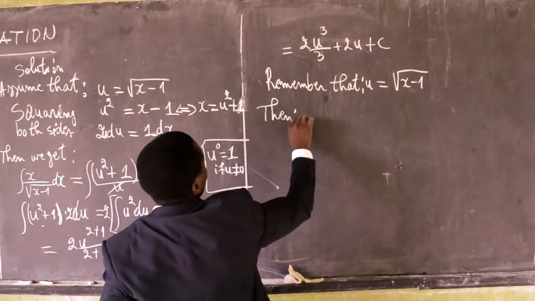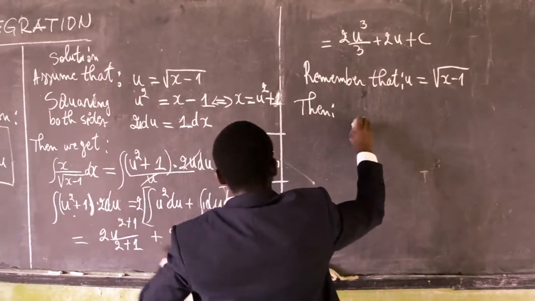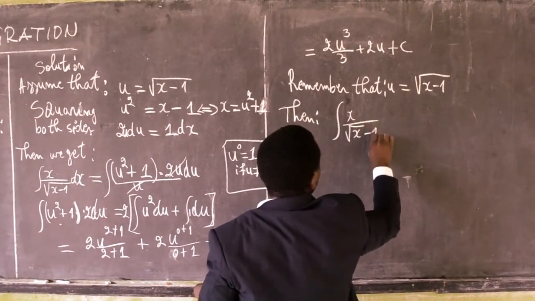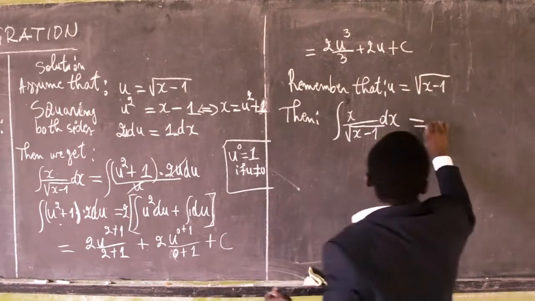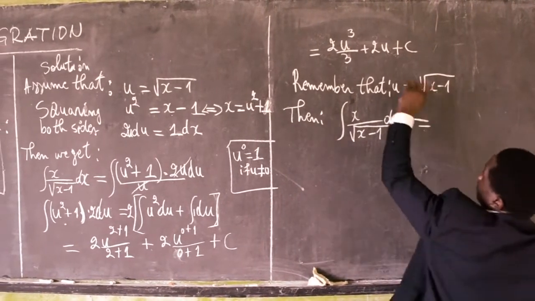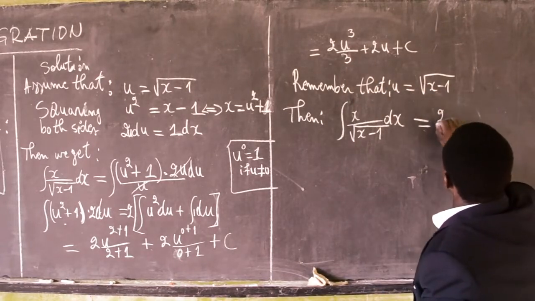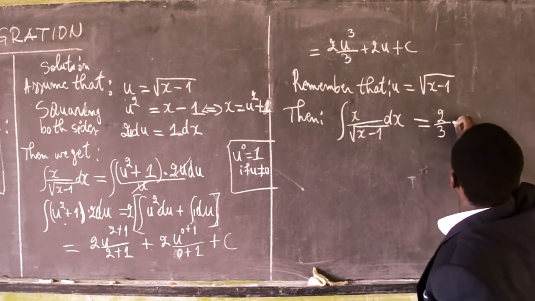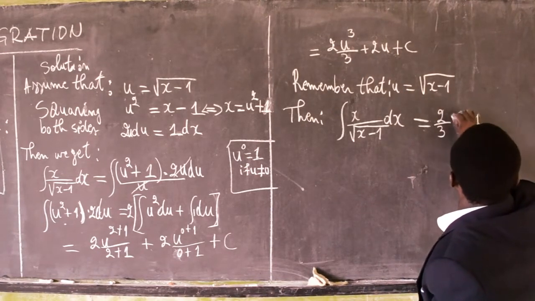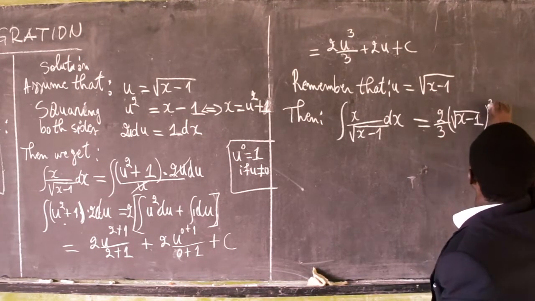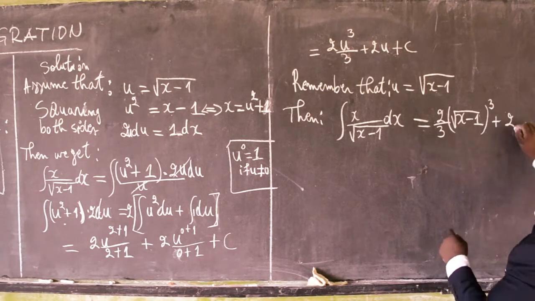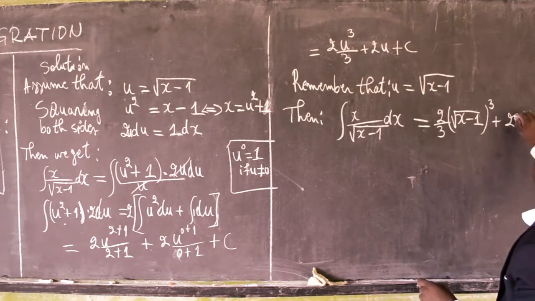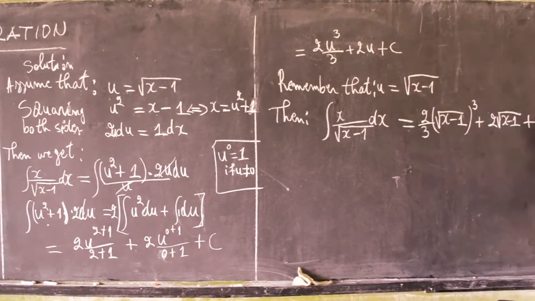Then integration of x over square root of x minus 1 dx is equal to, replacing u by its value, 2 over 3 times u power 3, that is square root of x minus 1, power 3, then plus 2 times square root of x minus 1, then plus c.